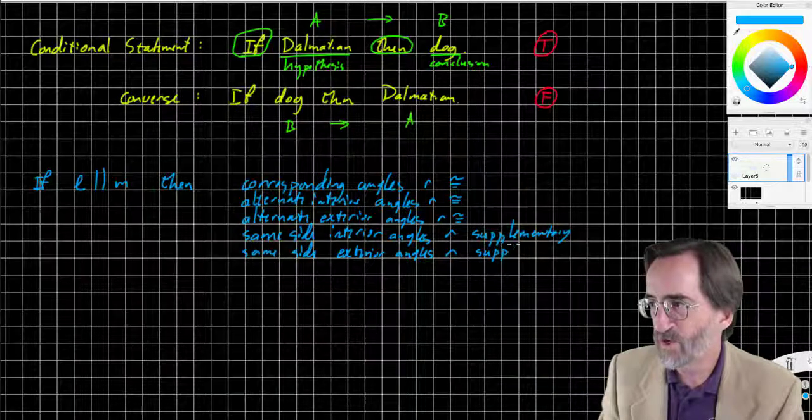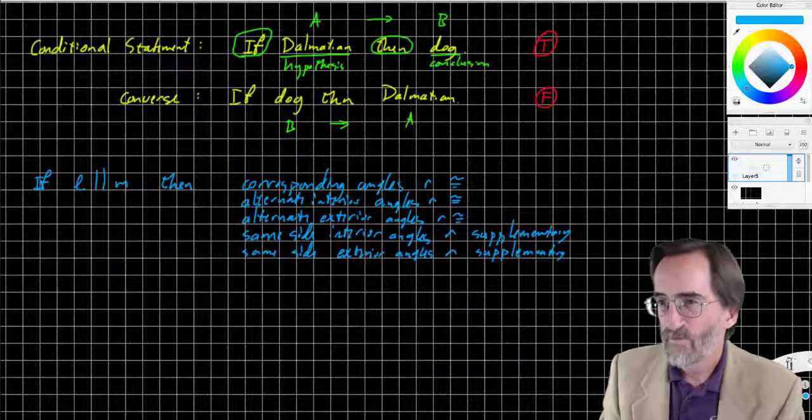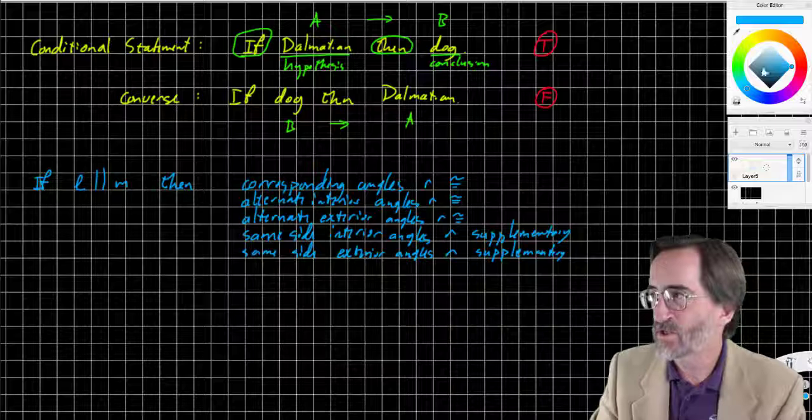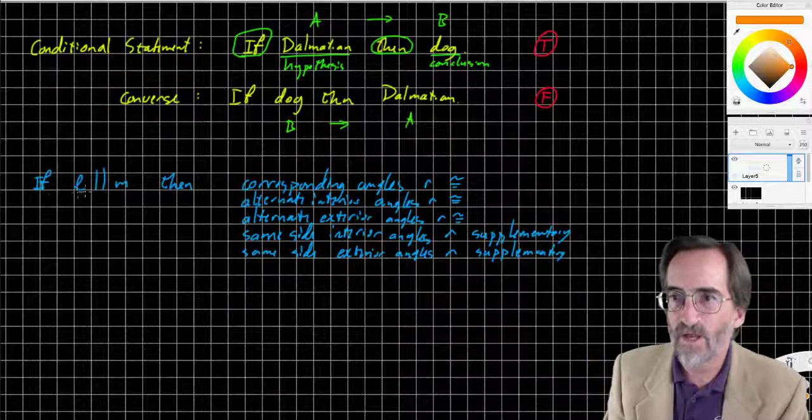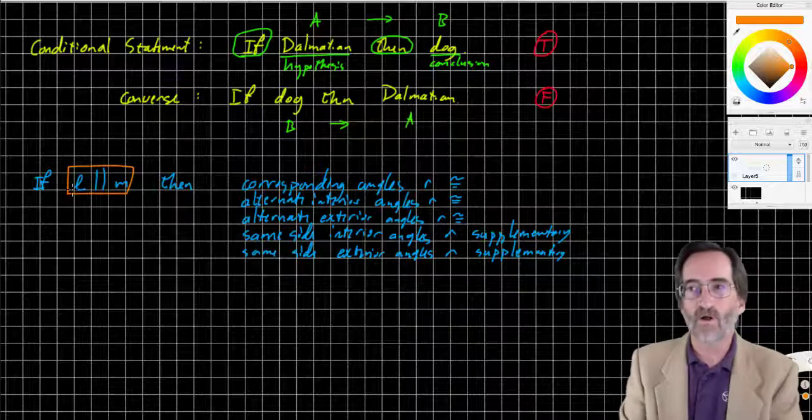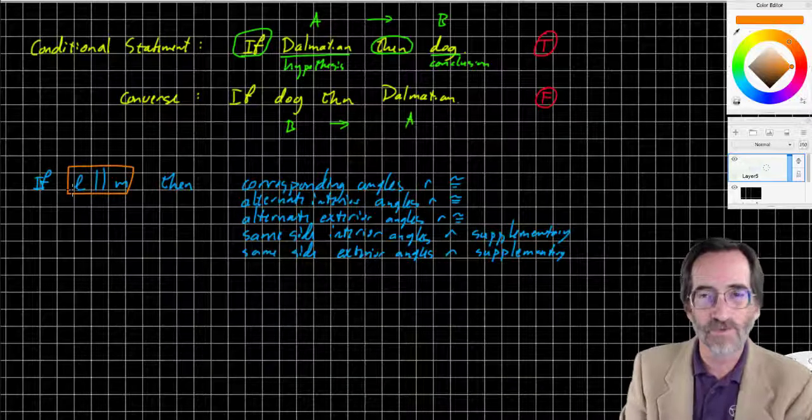That's supplementary meaning adding to 180 degrees. Okay, that is all built on or contingent upon whether or not the lines are parallel. If the lines are parallel, all 5 of these facts are true.